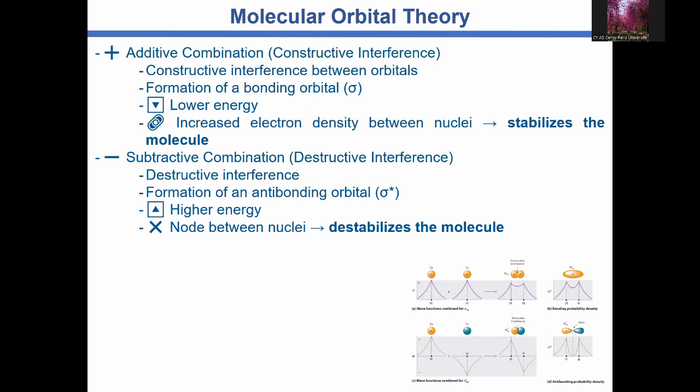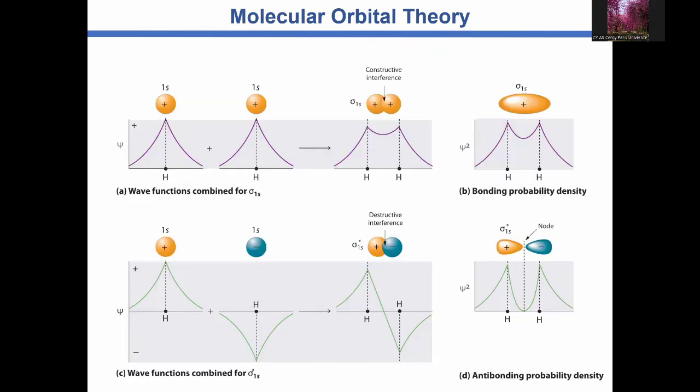So we call the constructive interference the lowest energy of the molecular orbital, and destructive interference the highest energy of the molecular orbital. In terms of orbital itself, I just put here, for instance, one s orbital.